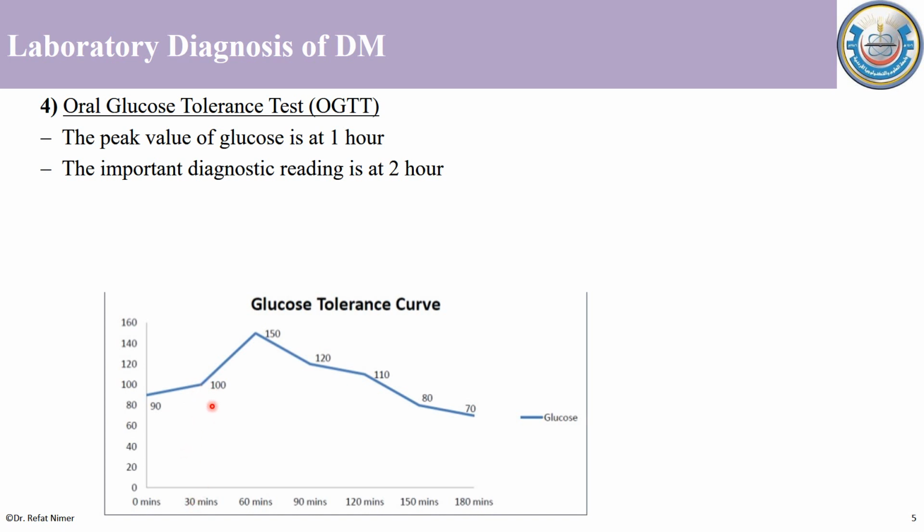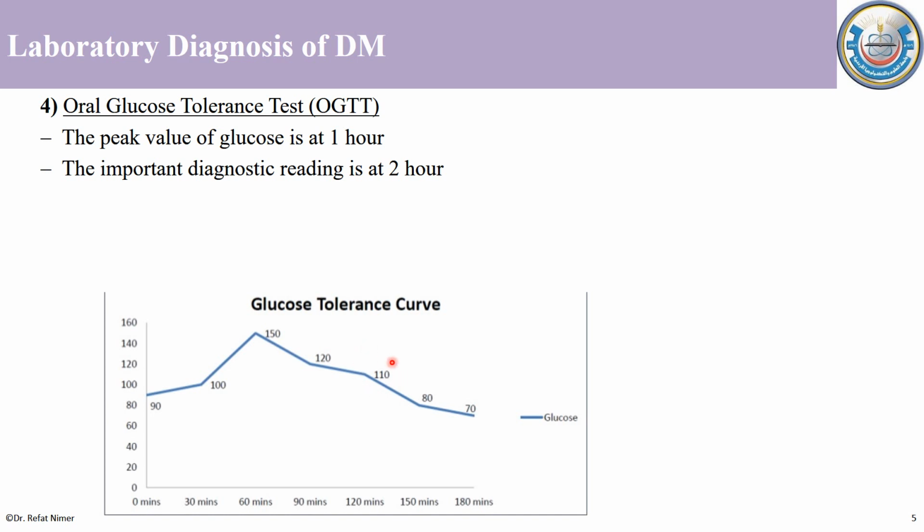So we have here 100. Take blood and measure the blood, and you can see it jumped from 90 to 100, then started to increase. So the peak level is at 1 hour, and in this figure the value is 150, then it starts to decline to 90, and then at 120 minutes, 2 hours.